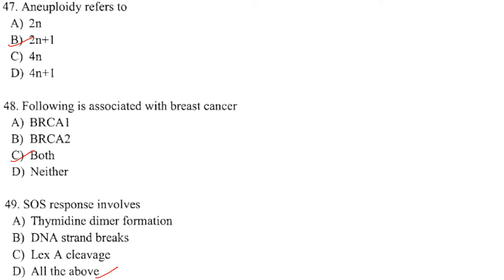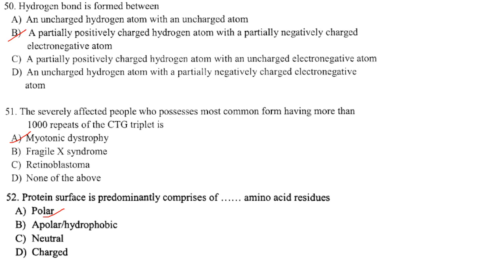Then SOS response involves, it involves thymidine dimer formation, DNA strand breaks, LexA cleavage, all of the above. Answer is option D, that is all of the above. Hydrogen bond is formed between, so a partially positively charged hydrogen atom with a partially negatively charged electronegative atom.